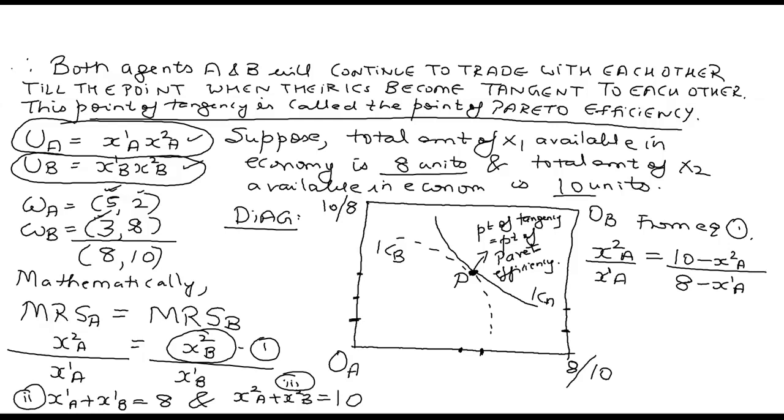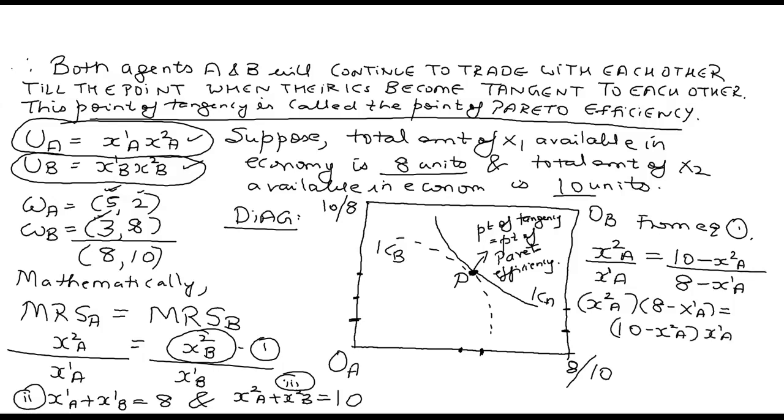So from 2 and 3, I can write X2A by X1A as 10 minus X2A upon 8 minus X1A. If I cross multiply, X2A into 8 minus X1A is equal to 10 minus X2A into X1A.